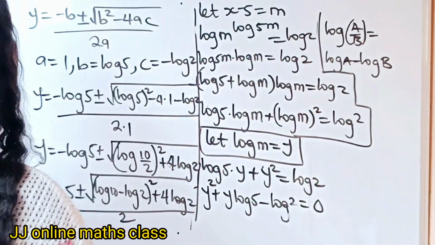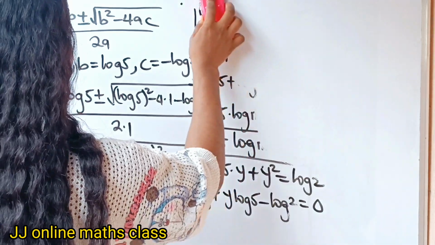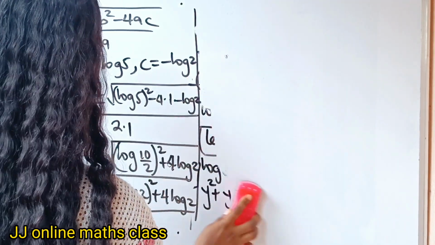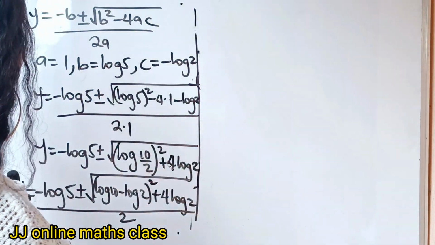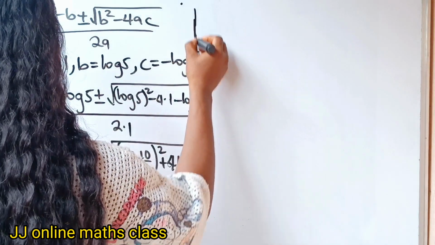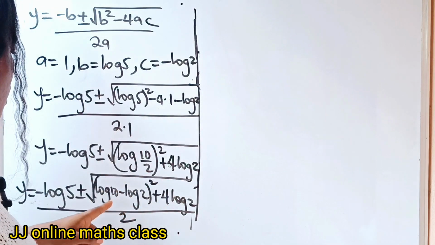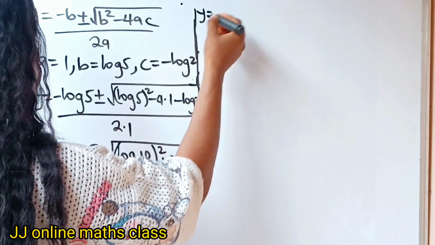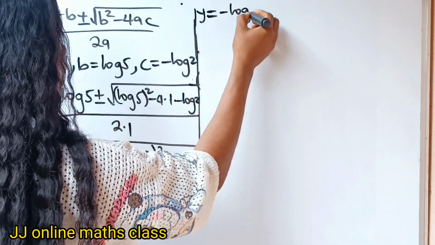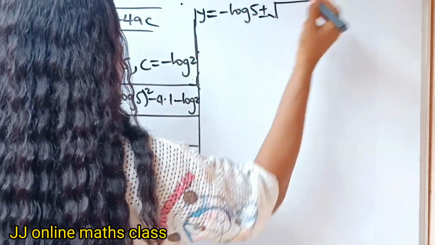All right, so let's continue. I'm going to wipe this side now. All right, continue. But we all know that log 10 is 1, right? Yes, log 10 is 1. So we can write this as y is equal to minus log 5, plus or minus square root of.